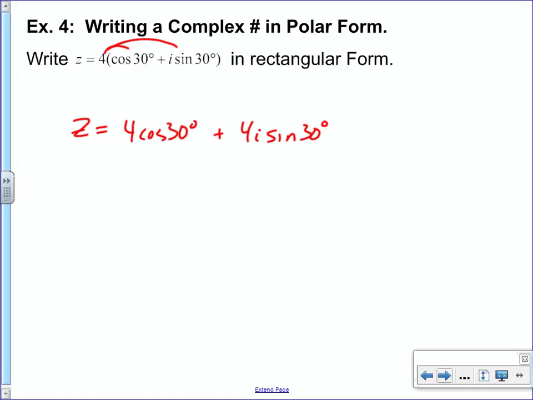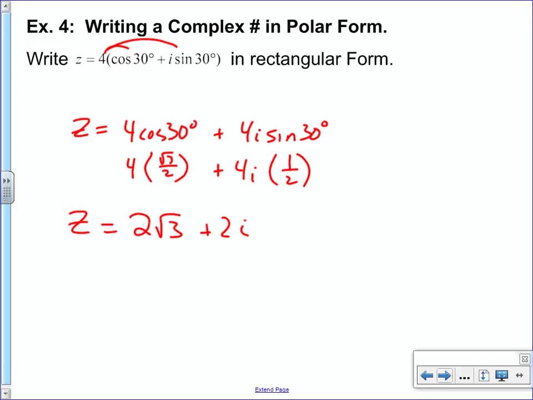Cosine 30 is √3 over 2, so 4 times √3 over 2 plus 4i times 1/2. Okay? So z is just 2√3 plus 2i. Ta-da! So converting backwards and forwards from polar to complex is actually super easy.